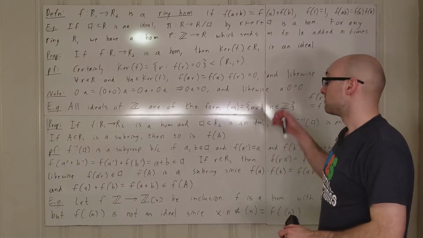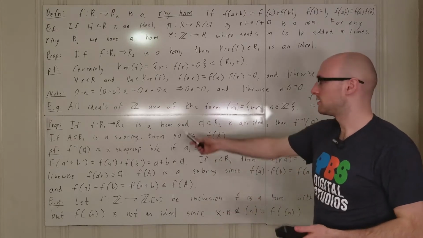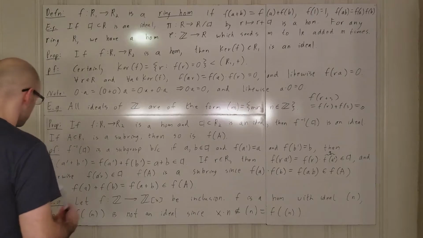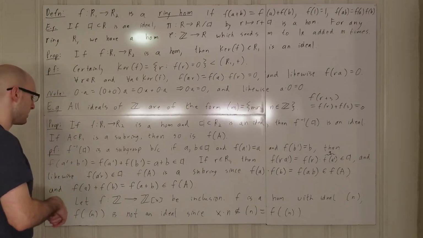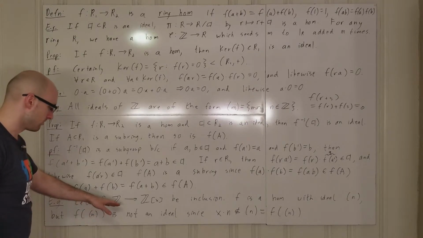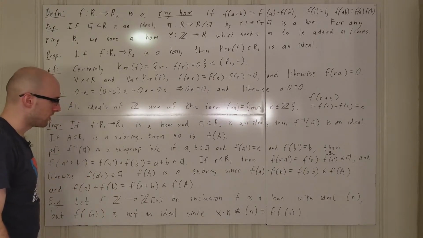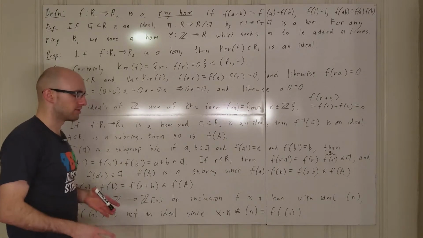All right, so now, can we do more than this? Can we push forward an ideal? And it turns out, no, you cannot push forward an ideal, because here's an example. You map the integers into polynomials with integer coefficients by inclusion.